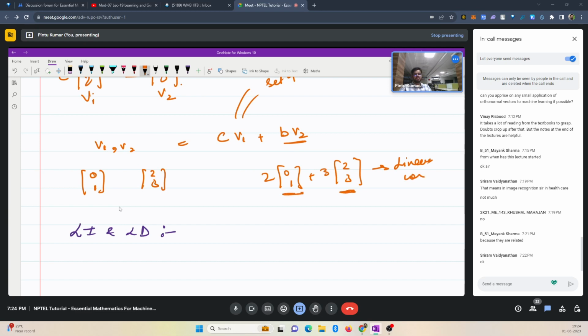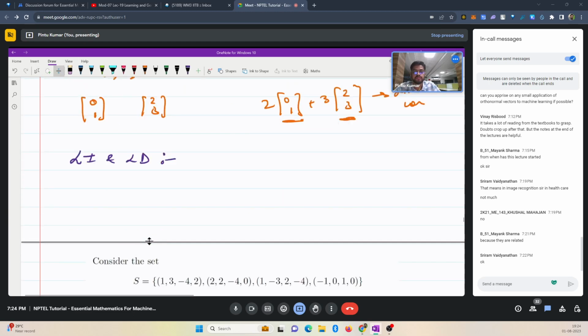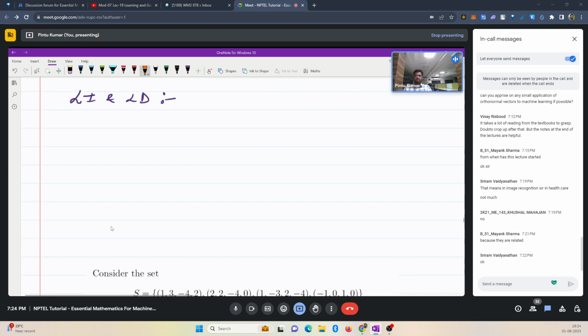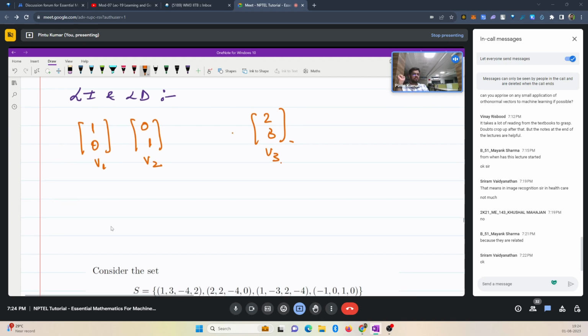Very related to this are linearly independent and linearly dependent vectors. I'll write three vectors here: (1, 0), (0, 1), and (2, 3). Let's call them v1, v2, and v3. Can you write v3 as a linear combination of v1 and v2?